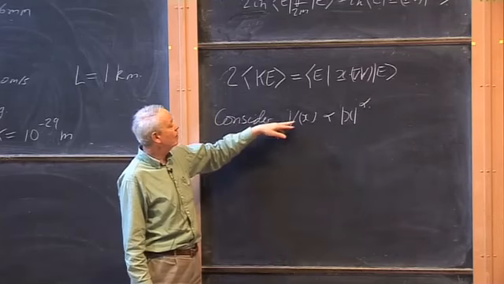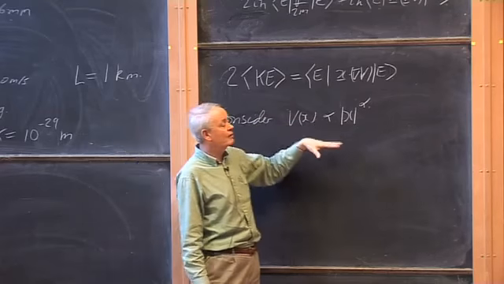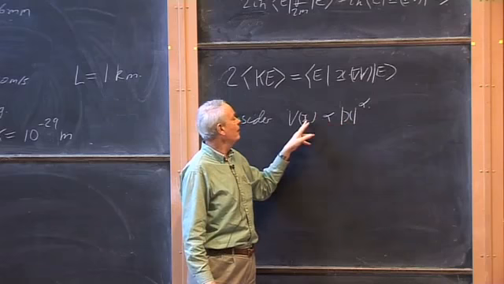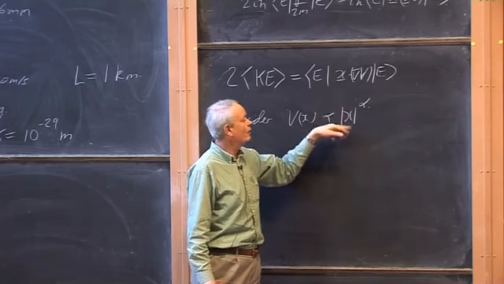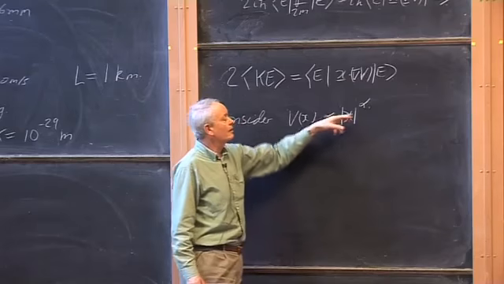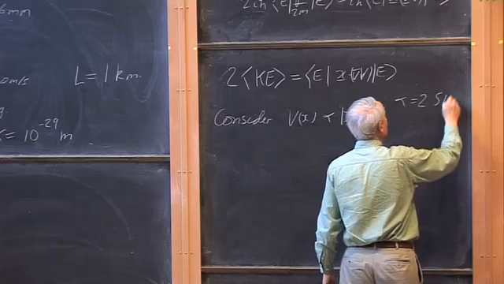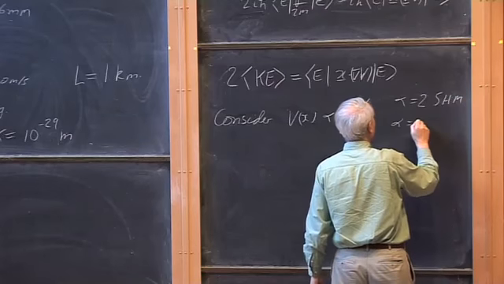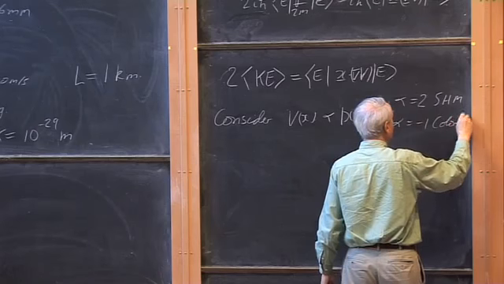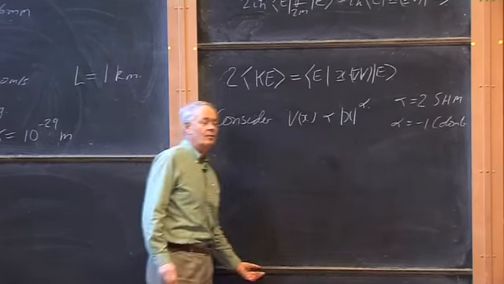If we were dealing with the Coulomb interaction, the potential energy goes like 1 over radius, so V of r is proportional to 1 over r. Well, this mod x is r, so alpha would be minus 1. So alpha equals 2 is simple harmonic motion, and alpha equals minus 1 is Coulomb. You can think of other power laws which are relevant.